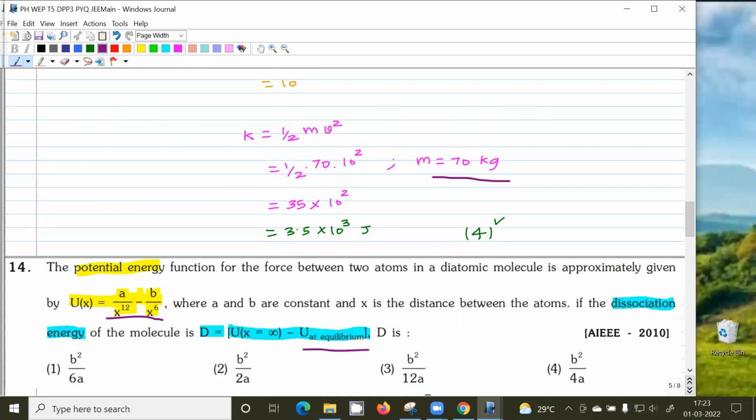Force is the negative gradient, F is minus du by dx. Yes, sir. So to find equilibrium you have to put du by dx equal to 0. From that you will get the value of x at equilibrium. If you get the value of x, you can find u at equilibrium. Then you get the answer.